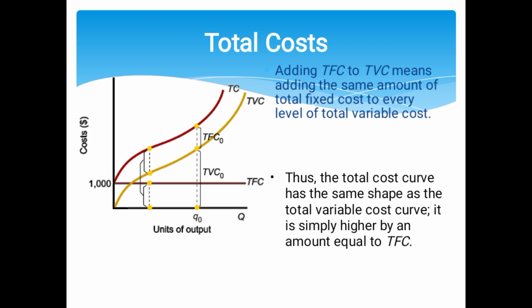Mas dako gutian total variable cost sa total fixed cost. So here's the formula. Total cost is equals to total fixed cost plus total variable cost.